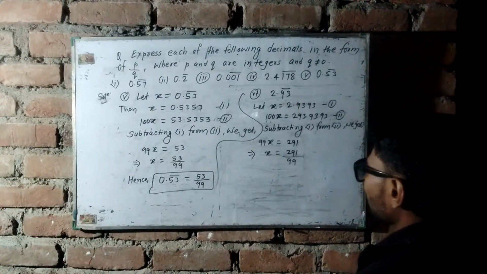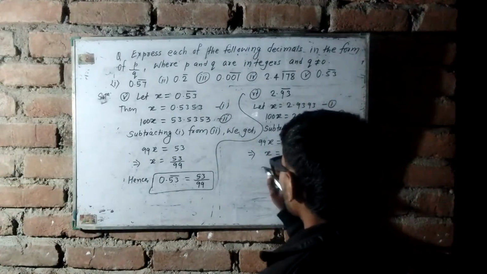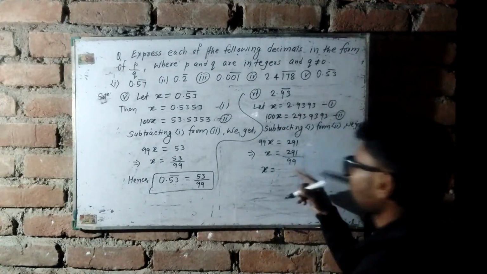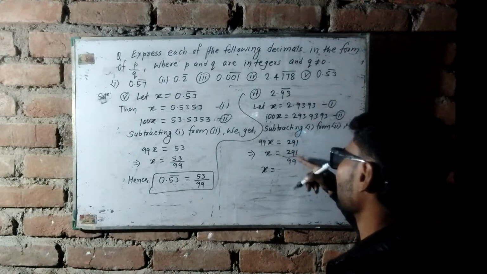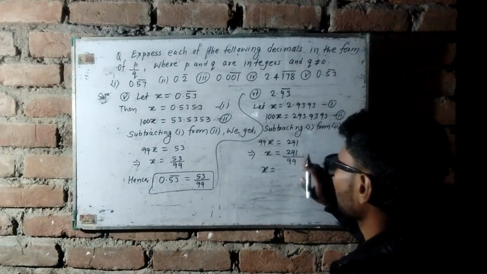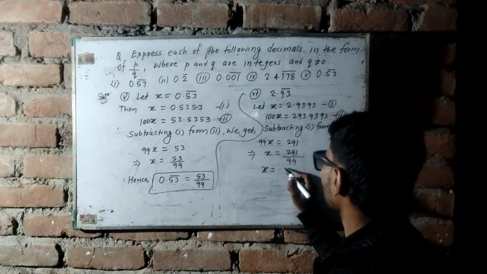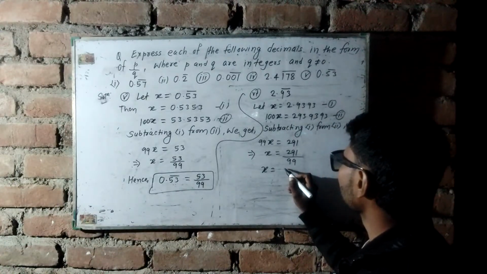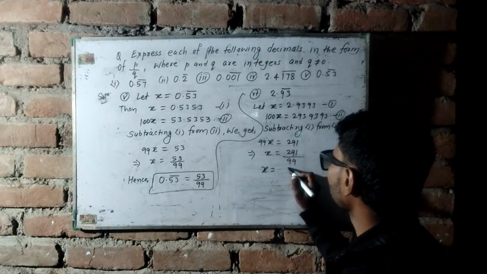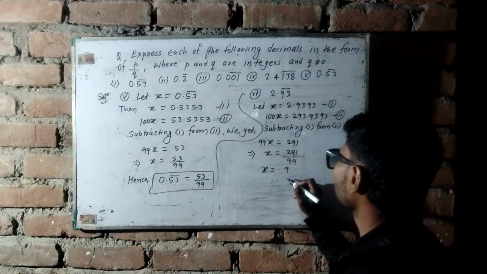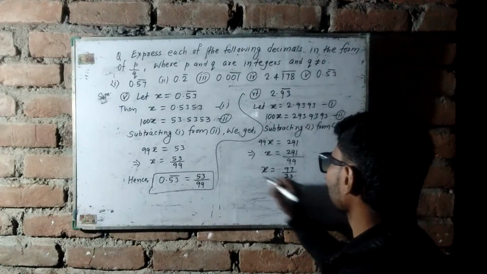Okay. Now let's go ahead. Here we can see both numerator and denominator can be divided by 3. After dividing numerator and denominator by 3, we get 97 upon 33.